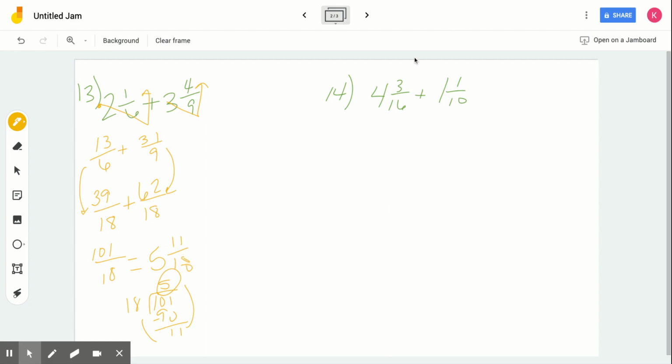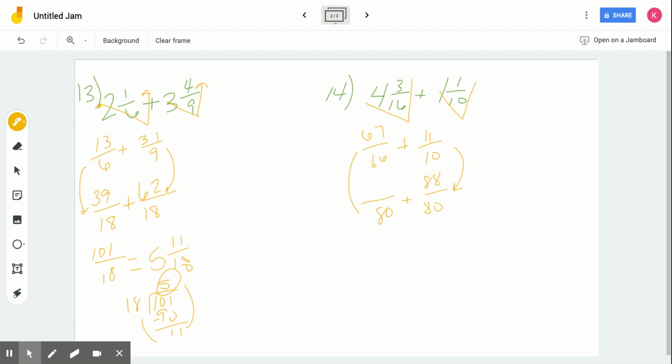Now on this next one, again, 4 times 16 is 64. Plus 3 is 67 out of 16. 1 times 10 is 10, plus 1 is 11 out of 10. Now, looking for common denominators here, the first one's going to be 80. 10 times 8 is 80. 11 times 8 is 88.